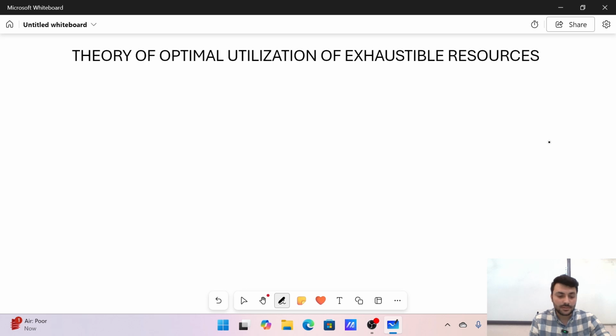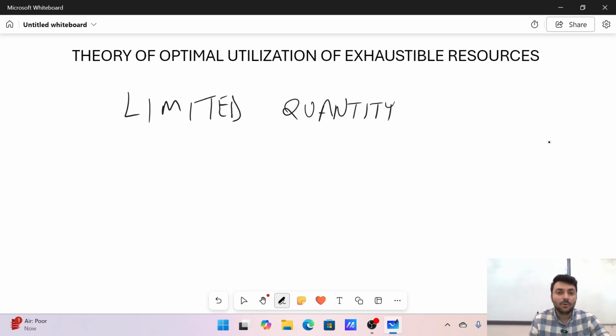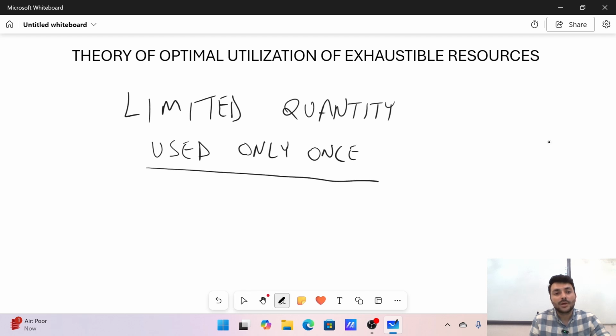These are the resources which are in limited quantity. Moreover, these are the resources which can be used only once. That is, once you use them, they cannot be reused. That is why they are called exhaustible resources.